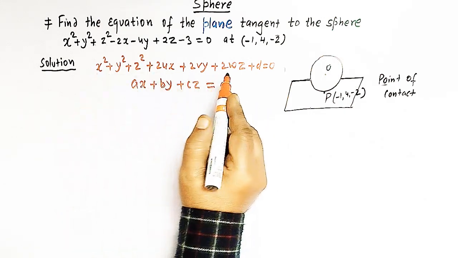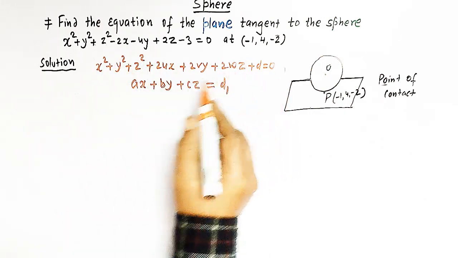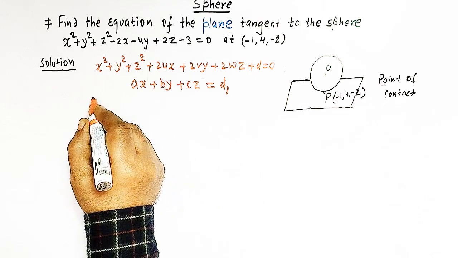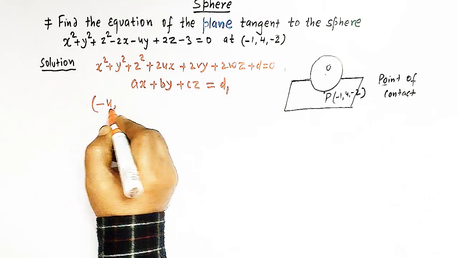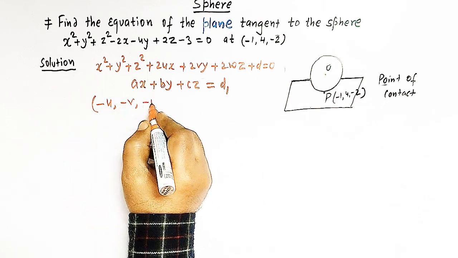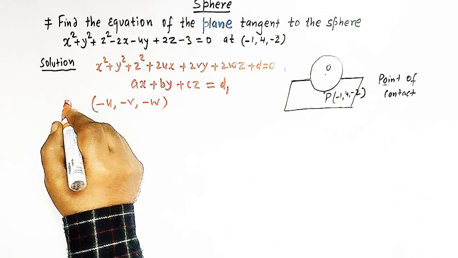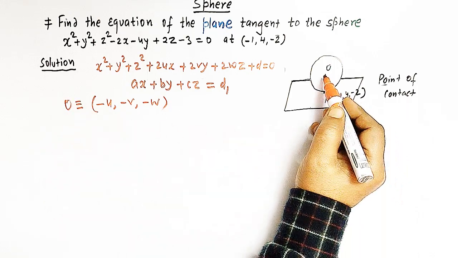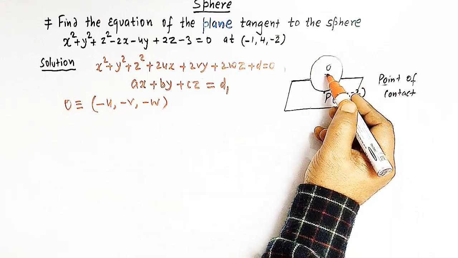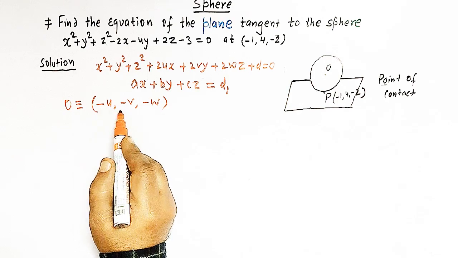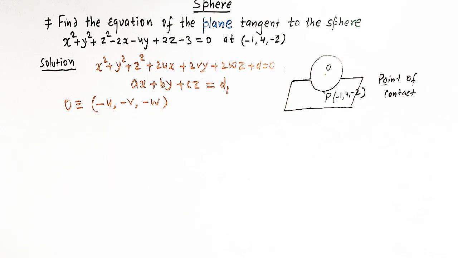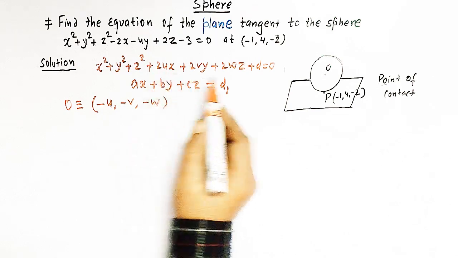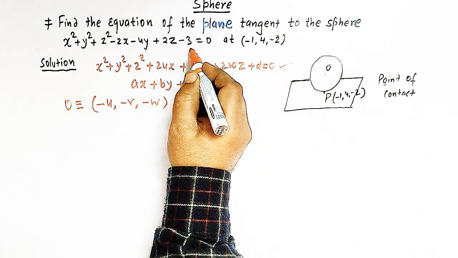And the center of this sphere is given by the coordinates, that is minus u, minus v, and minus w. So the coordinates of the center of the sphere is given by minus u comma minus v comma minus w.